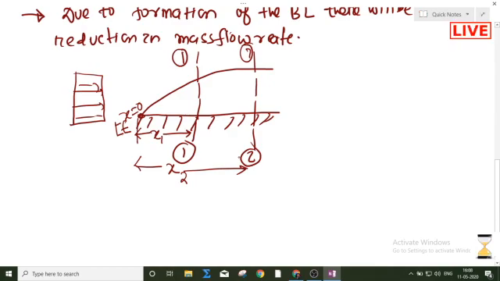That is clear. So gradually, if I move along the length of the plate, what will happen? The mass flow rate increases, or I can say the accumulation of mass is increasing, because the boundary layer thickness gradually increases.